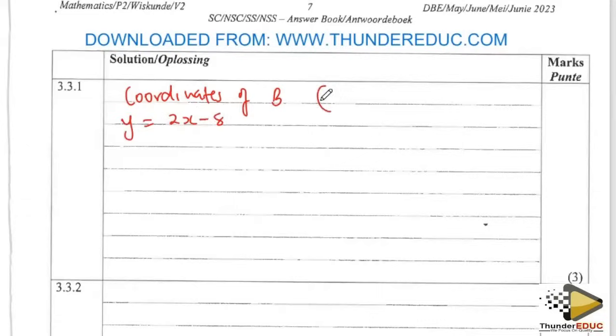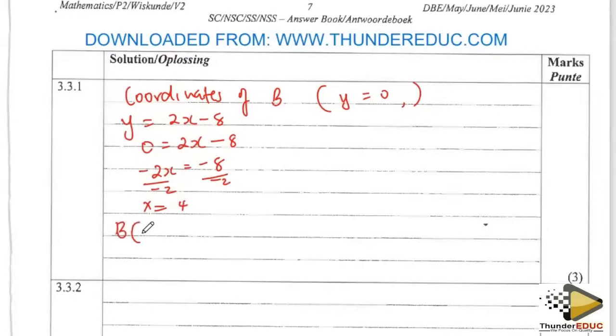We know that at B, y is 0. Let's replace y with a 0 and look for the value of x, since B is on the x-axis. So 0 is equal to 2x minus 8. I can move the 2x that side. -2x is equal to -8. And then I'll divide by -2, which means my x is 4. So the coordinates of B are 4 and 0.